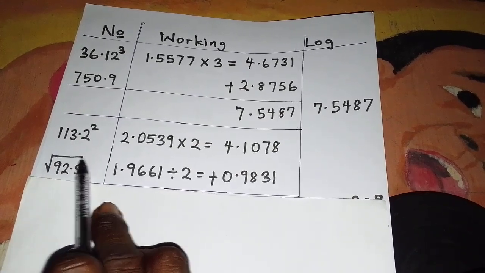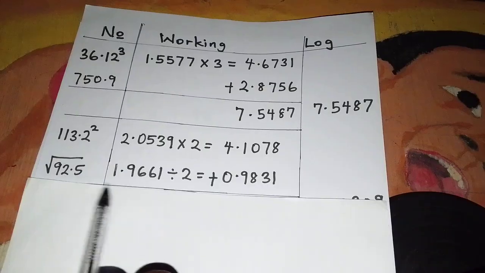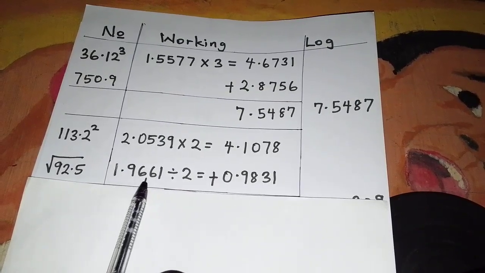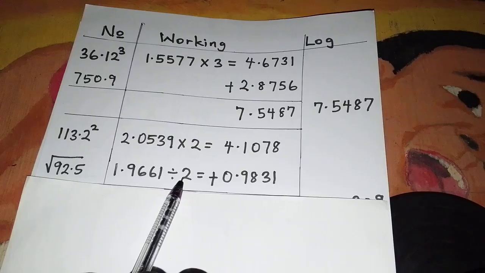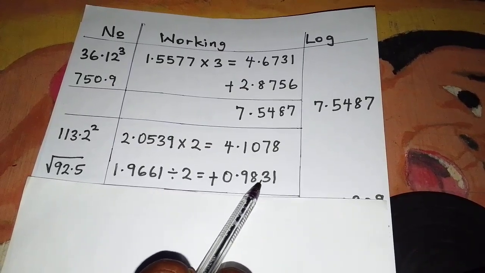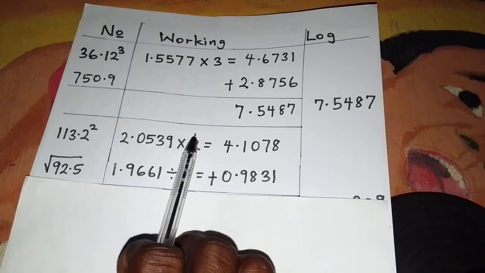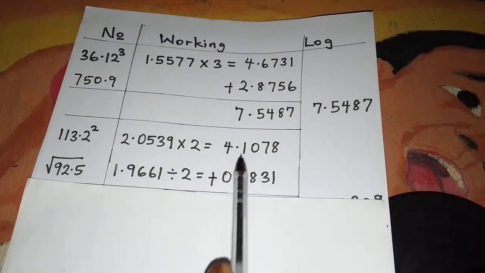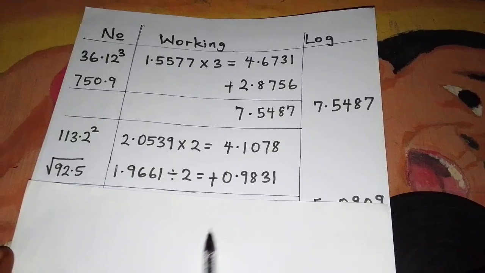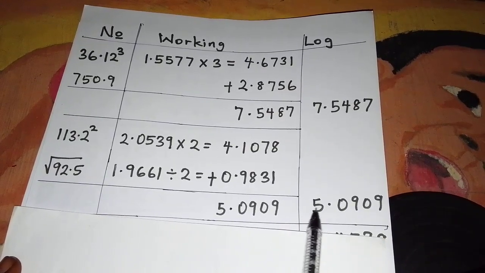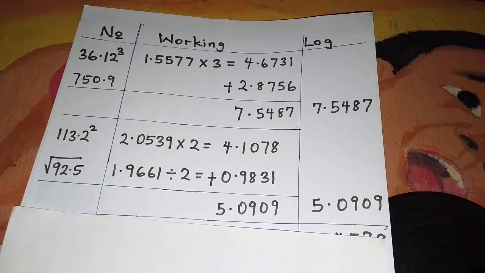Because you are having a square root here, you divide by 2. When you divide 1.9661 by 2, you are going to have 0.9831. Because the denominator terms are multiplying each other, you are going to add them together. So that means you have 5.0909. So you write it here.